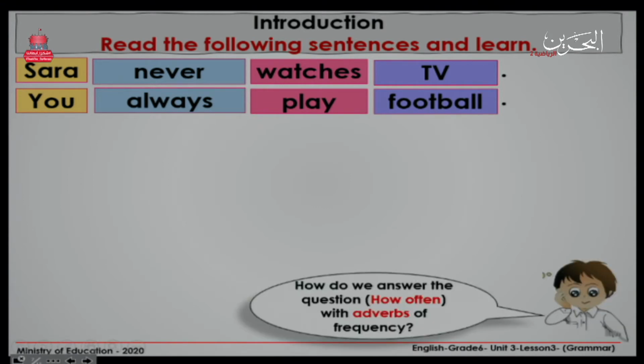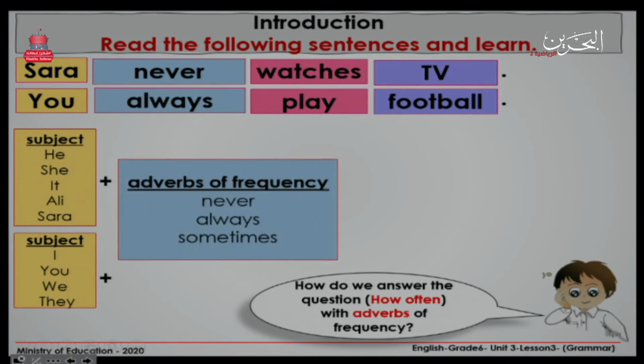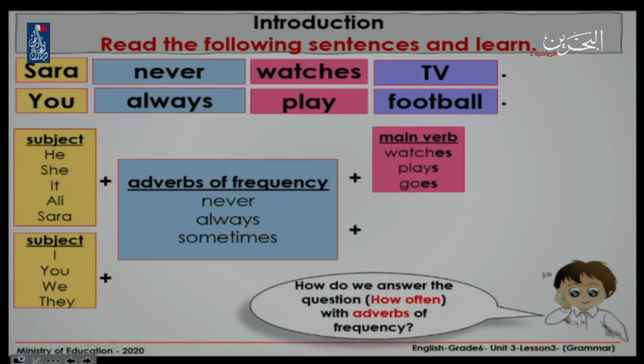So how do we answer the question, how often, with adverbs of frequency? You start with the subject like he, she, it, Ali, Sarah, or you can say I, you, we, and they, plus the adverbs of frequency, plus the main verb.